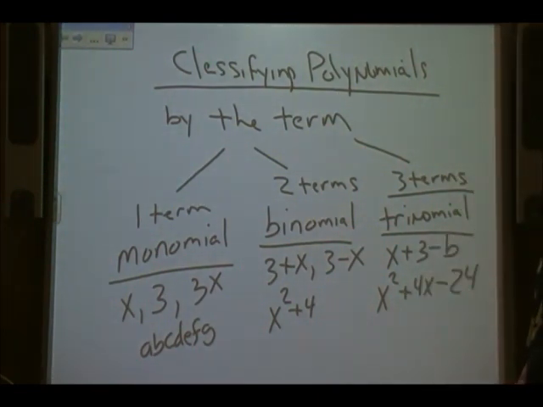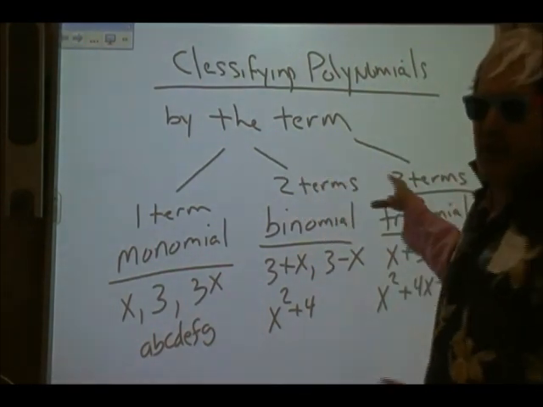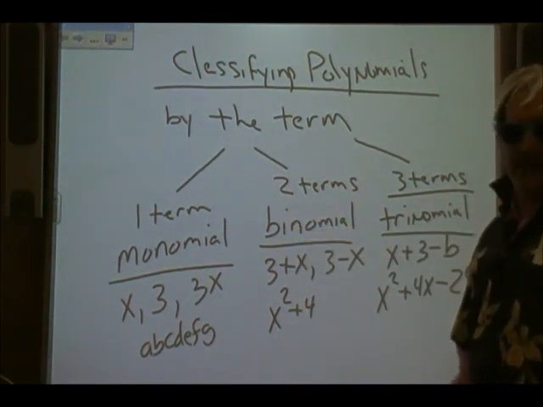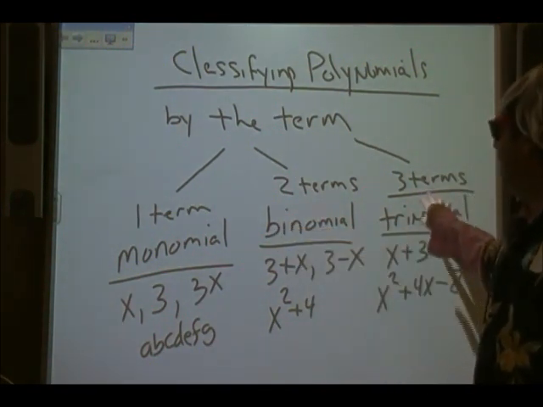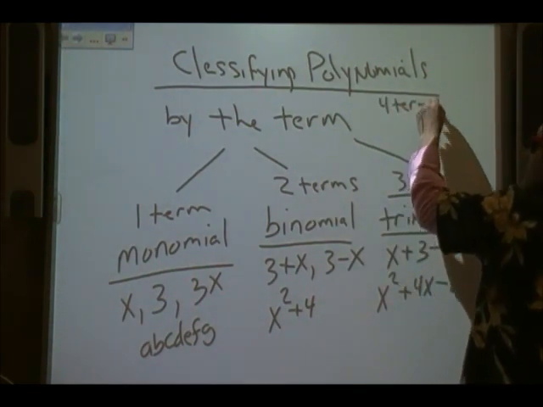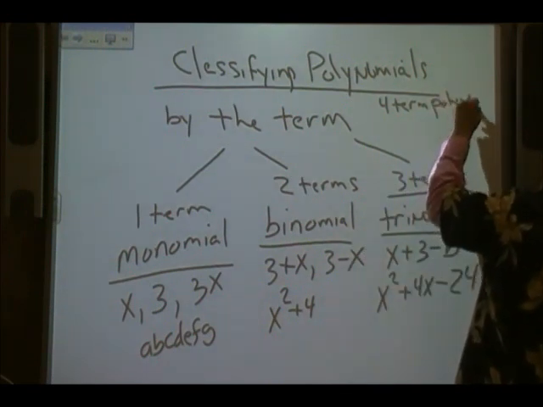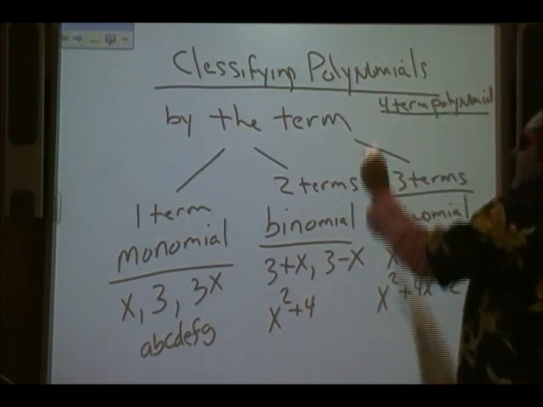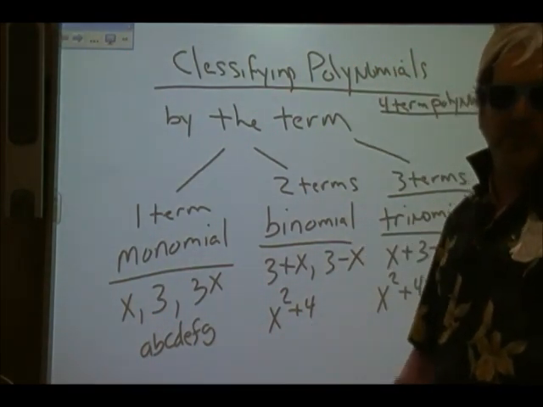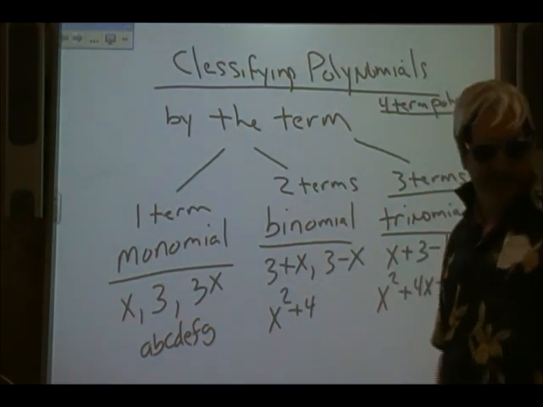So those are the trinomials. Okay? That's one way to categorize. Classifying is categorizing. And if you have 4 terms, we just call it a 4-term polynomial. And then a 5-term polynomial, 6-term polynomial. We don't use any more of the Greek mixed with Latin.